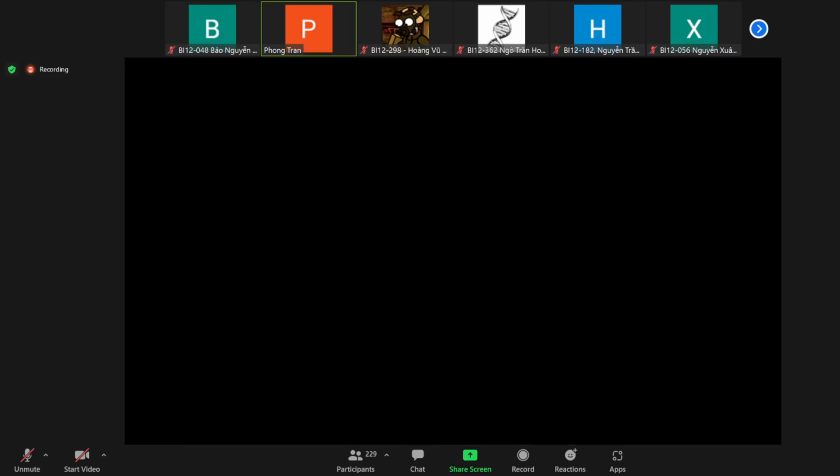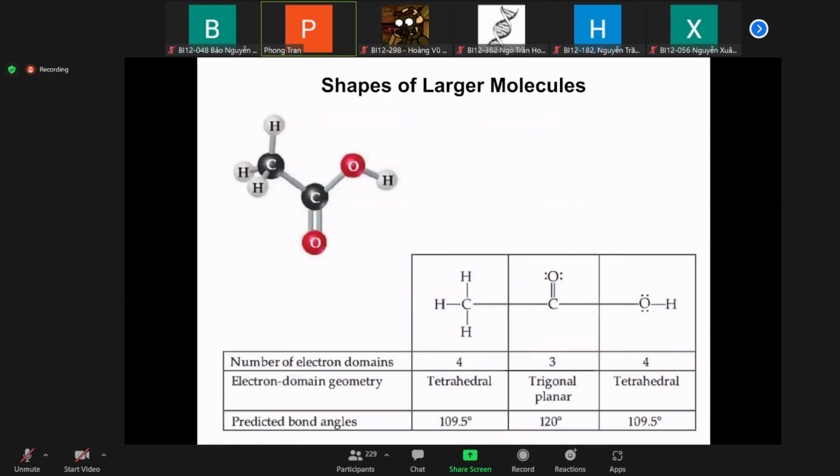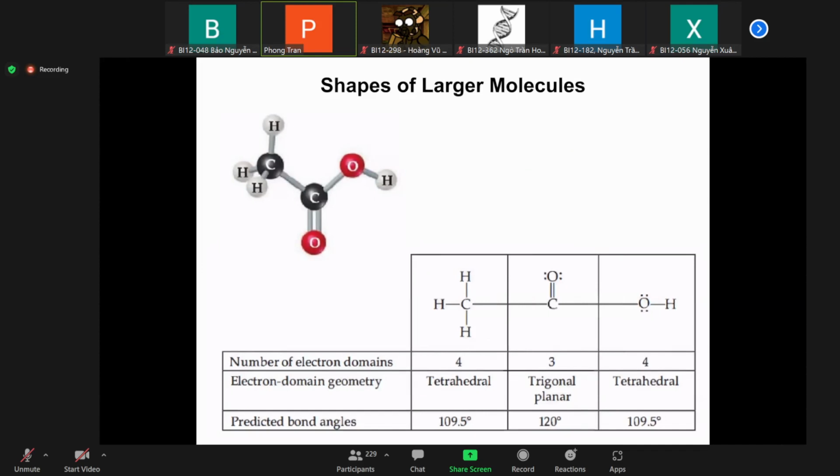So here you go. You can see that this carbon, surrounded by three hydrogens and one carbon, will have a tetrahedral geometry. So you can predict the bond angle of 109.5. And then this carbon has a trigonal planar geometry with a predicted angle of 120.